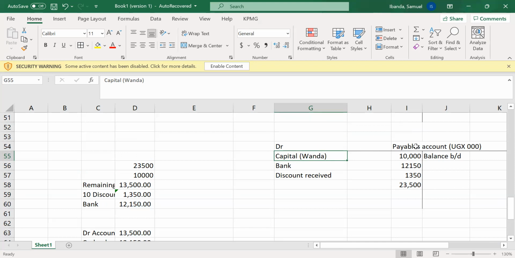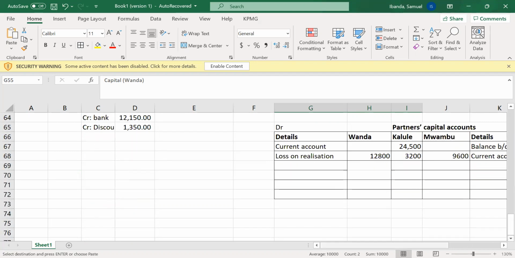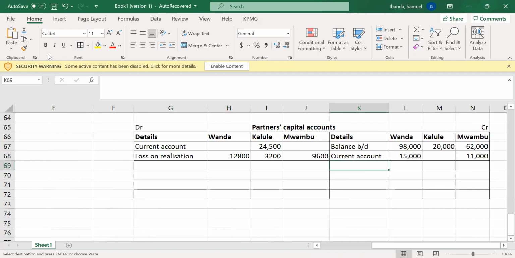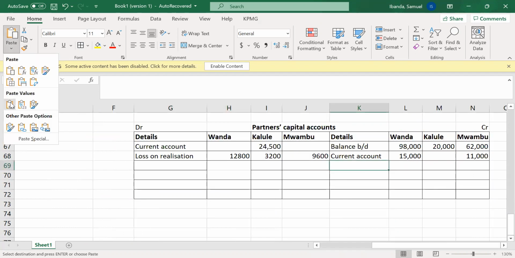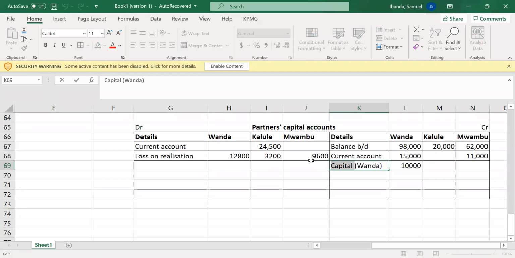Now as it is debited here in the payables account, it is supposed to be taken into the capital account and credited. This 10,000, you'll find it here also on the credit side. But remember, it is Wanda who took over, and the narration here will not be capital since this is a capital account.